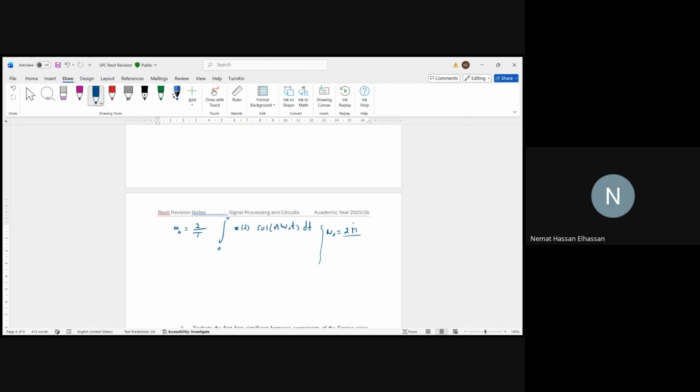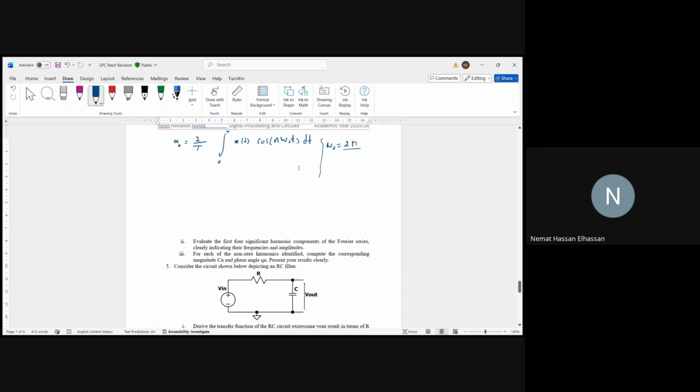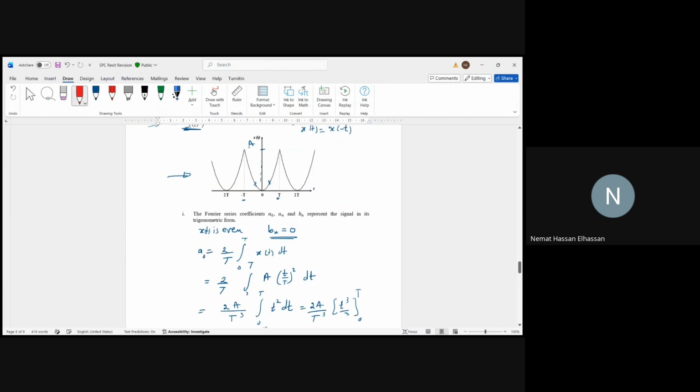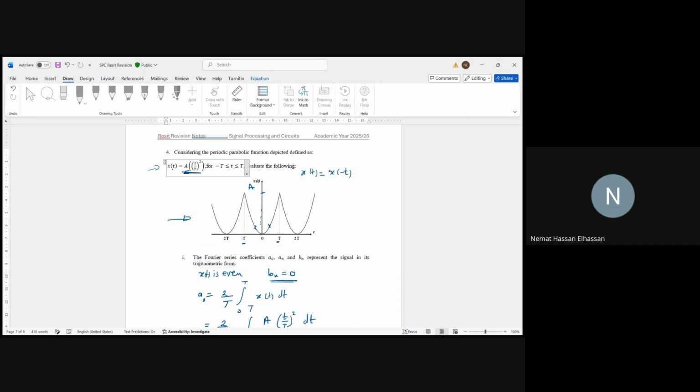The period here is 2T, because it goes from minus T to T, so omega naught is pi over T. So I'll substitute this in place of omega naught, and in place of x of t, I'm going to substitute the formula I'm given for x of t.